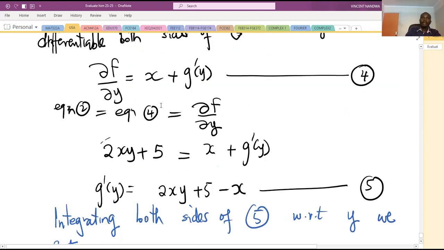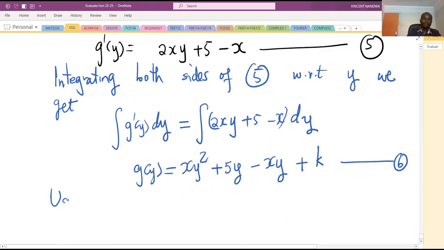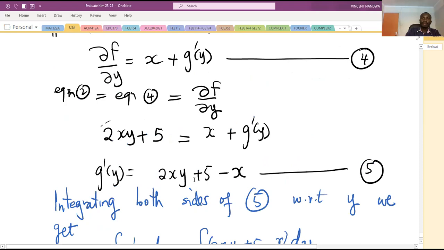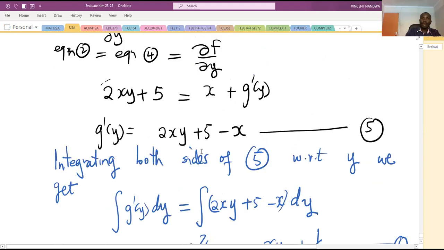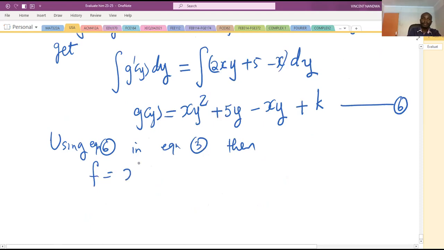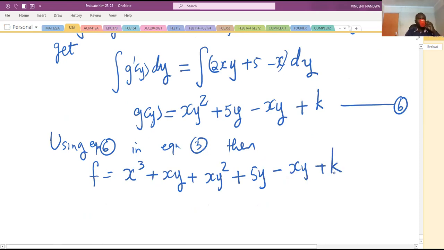So using equation 6 in 3, f will be given by x cubed plus xy, and then plus g of y, which will be plus xy squared plus 5y minus xy plus k.